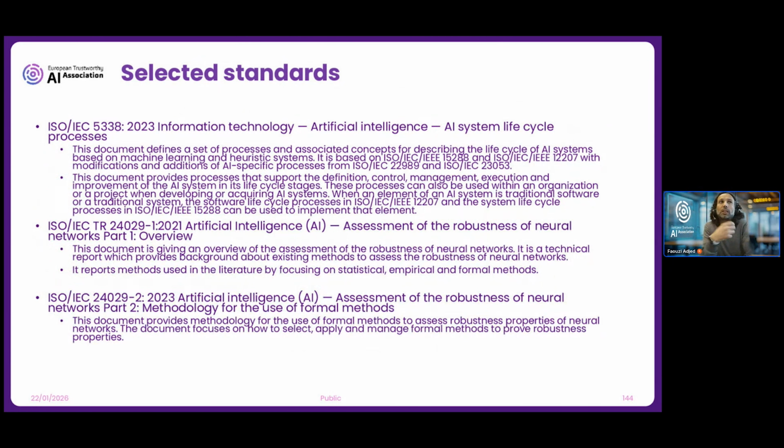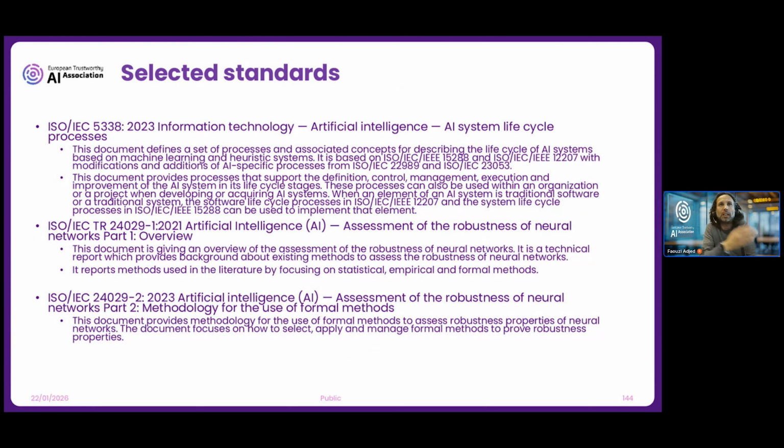At the beginning, when we want to align or to select some standards, we should check and read the scope of the standard, because the scope is limiting what is written inside the standard. And I gave for each one what the scope is.